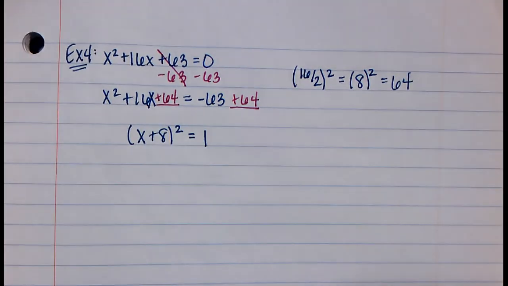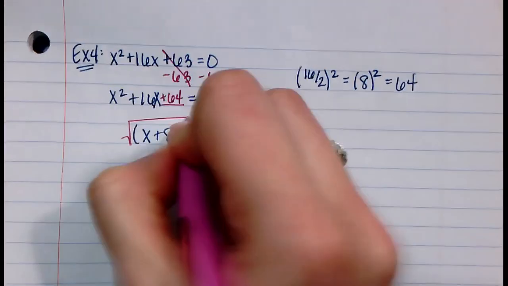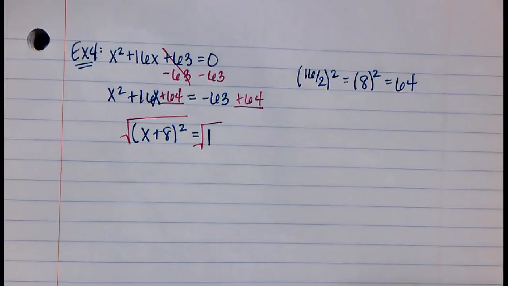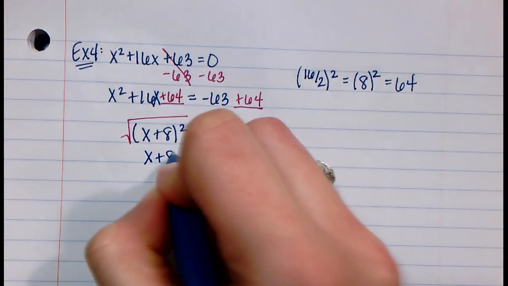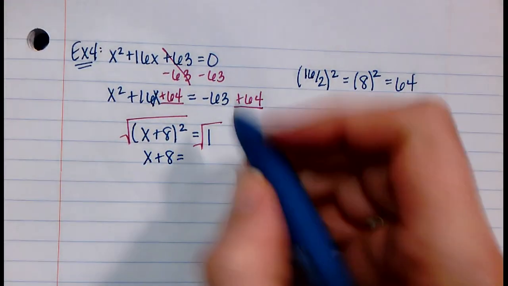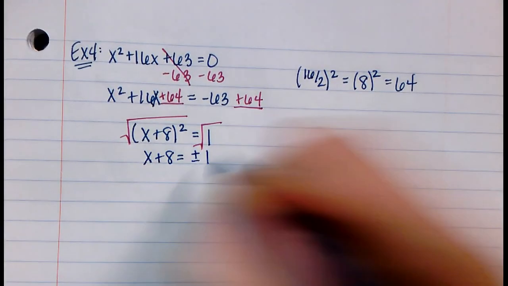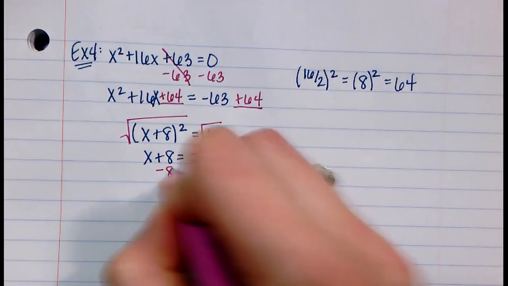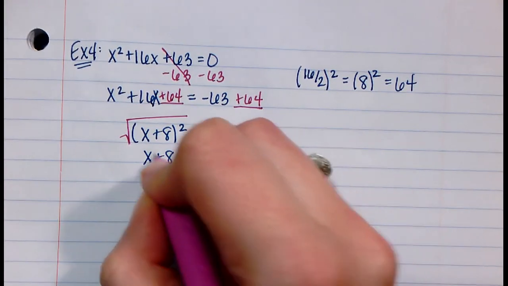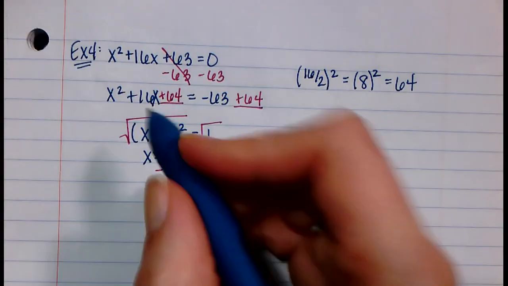So let's go ahead and take the square root of both sides. We would get x plus 8 equals, the square root of 1 is positive or negative 1. We would subtract 8, leaving us with x equals negative 8 plus or minus 1.